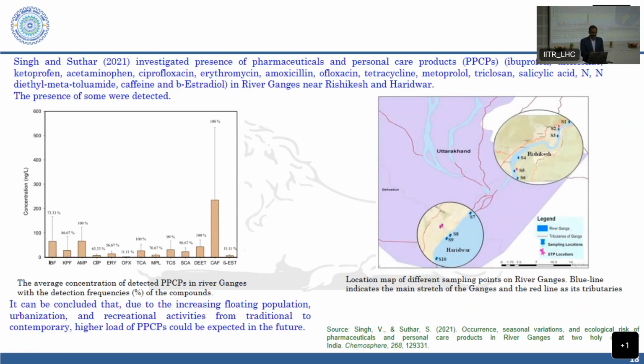Here, you can see, one author collected samples from the Haridwar and Rishikesh river across, and he tested for pharmaceuticals and personal care products, and he found different types: ibuprofen, diclofenac, and cryptophyrin, acetophenone, ciprofloxacin, erythromycin, and ofloxacin, tetracycline, metoprolol.